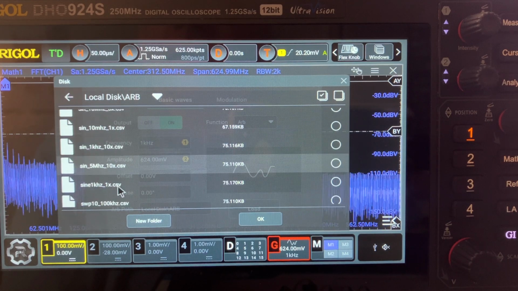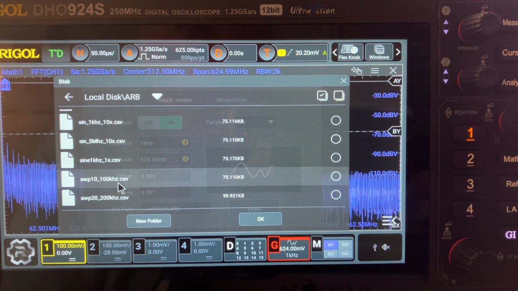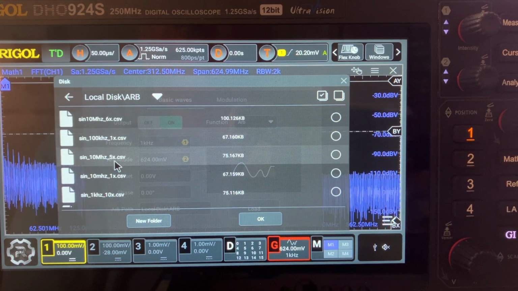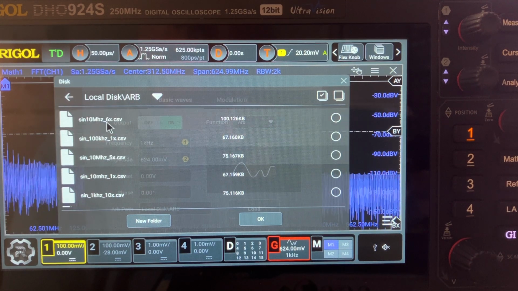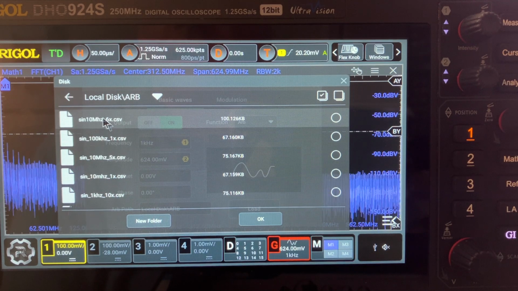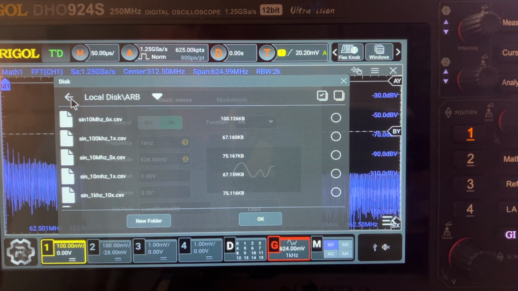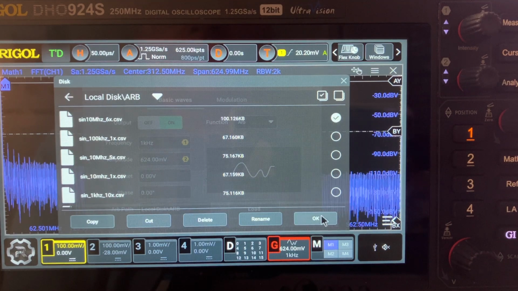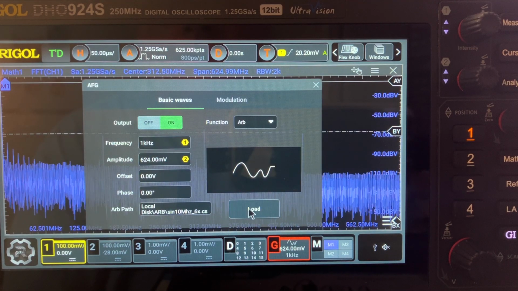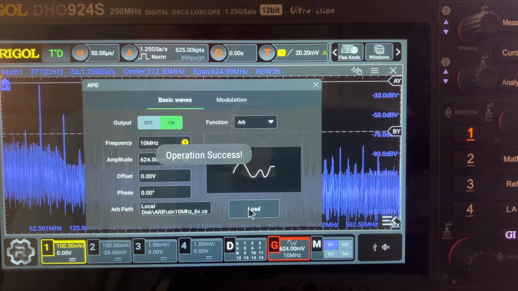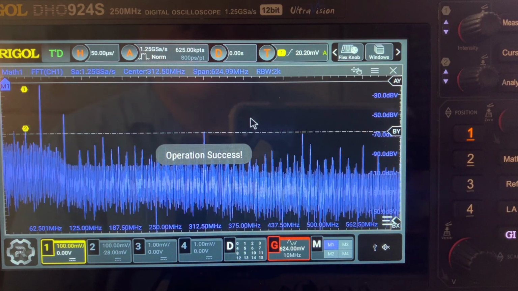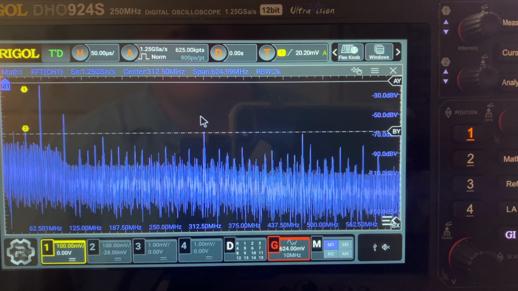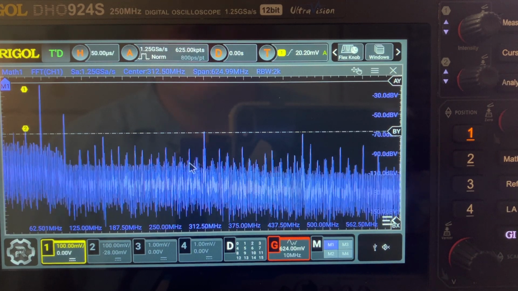Do you have this thing here? 10 megahertz time 1, 10 megahertz times 5. This is a nice 50. 10 megahertz times 6. It was supposed to be that one, but it failed to load. Let's try again. Load. Success. Okay, must have done something bad. Oh, I select the name of the file and not highlight the right part.